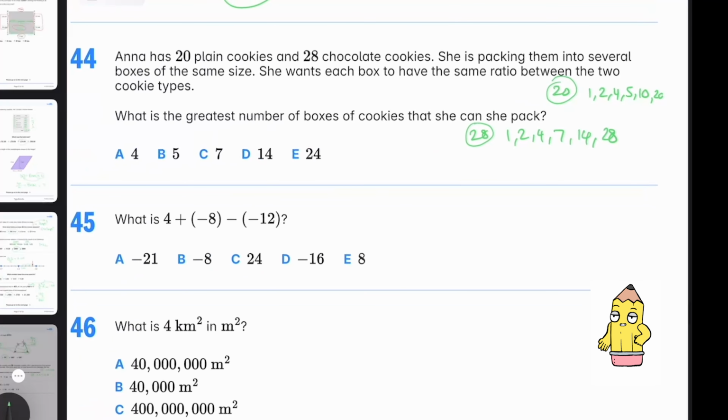So now I've gone ahead and done this. Therefore, the largest common factor of 20 and 28 is going to be 4. So Anna can pack 4 boxes of cookies that have the same ratio between the two cookie types, 5 plain cookies for every 7 chocolate cookies.